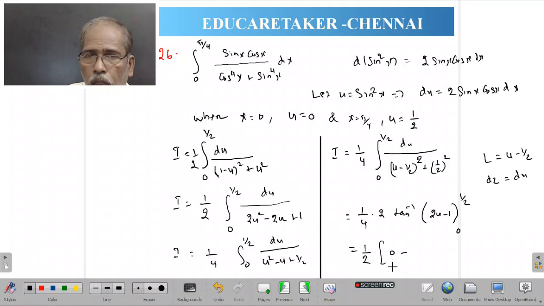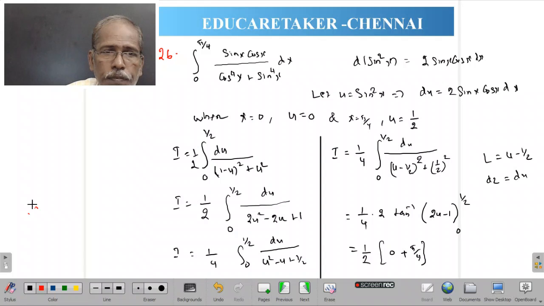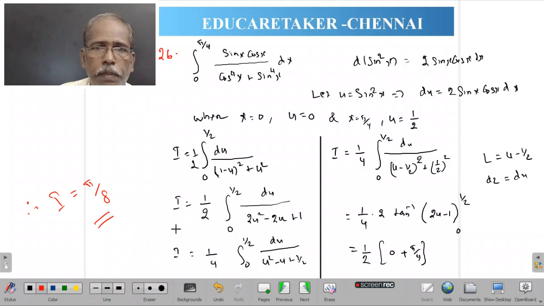Go to lower limit, tan inverse of minus 1, minus pi by 4, minus or minus pi by 4 plus pi by 4. Okay, the final result I equal to pi by 8. Final result I equal to pi by 8.